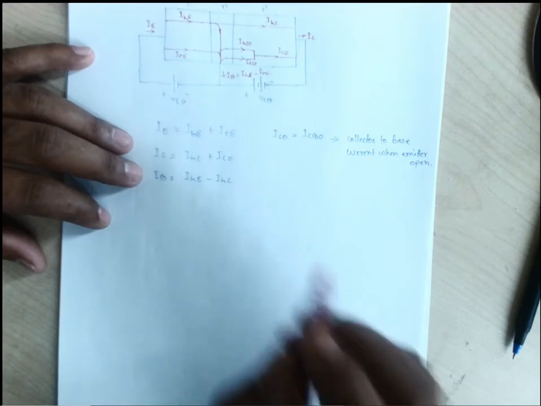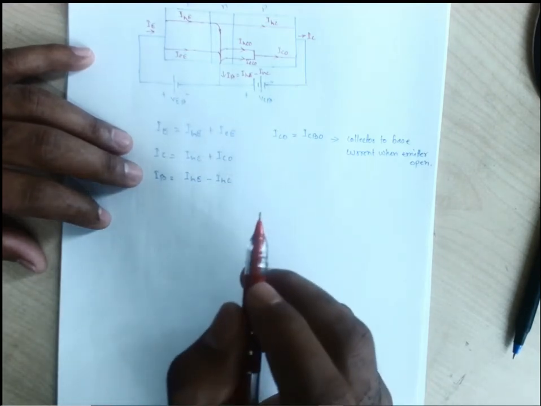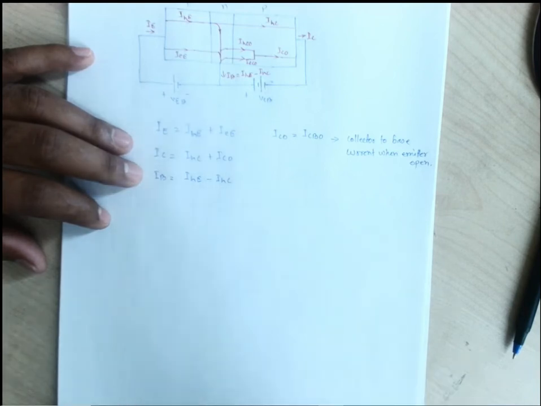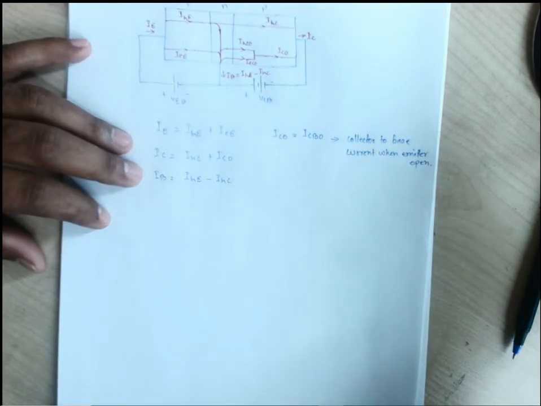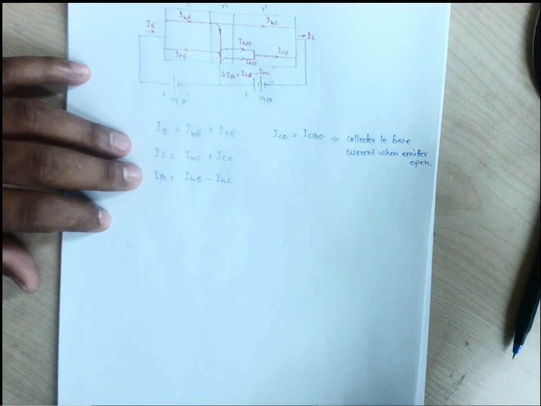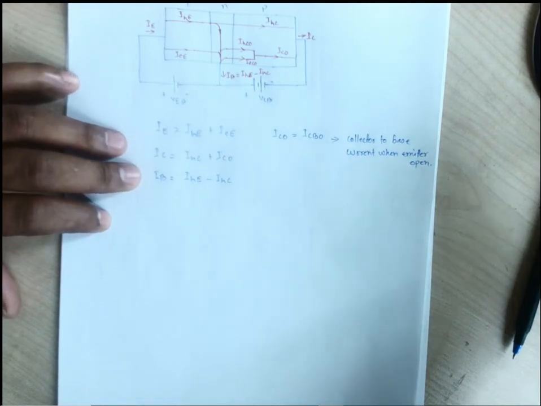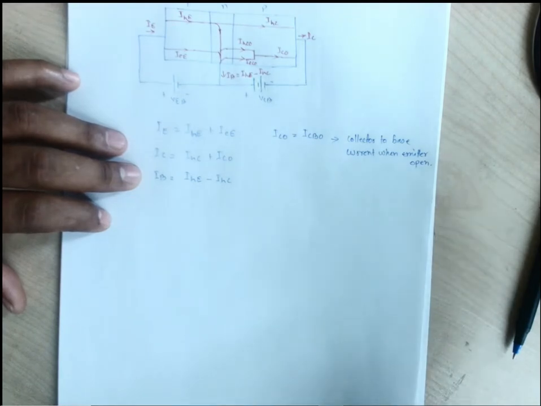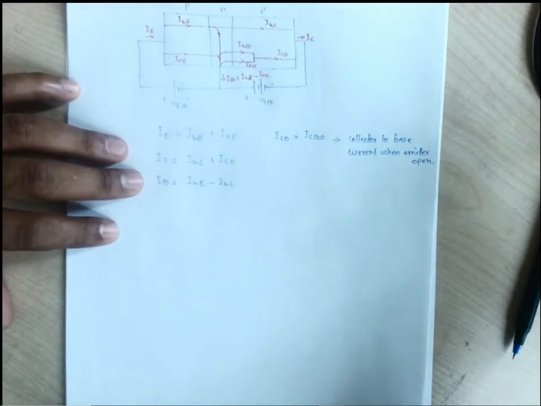This current will be most prominent because IHC is quite higher than ICO. So this ICO becomes prominent, or we can take out this current when our IE is 0, that is, no biasing has been provided to the emitter region. Then only we can say whatever current is flowing into the external supply is due to the minority charge carriers only.